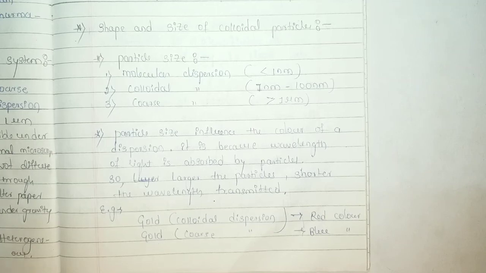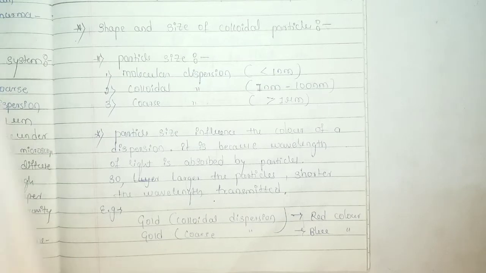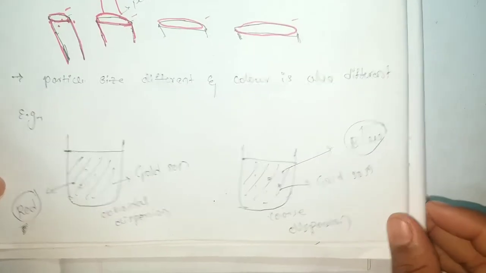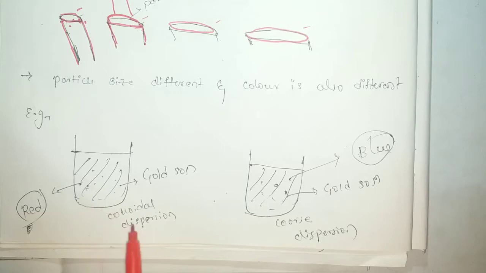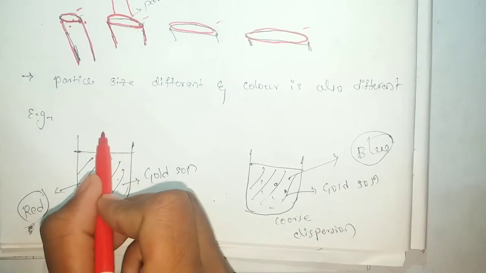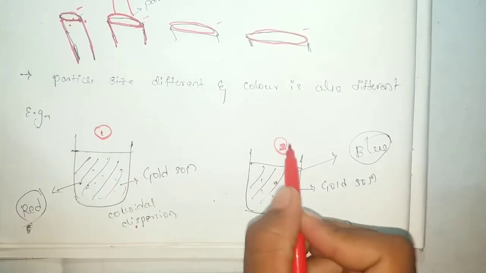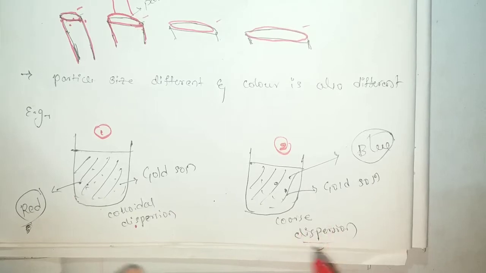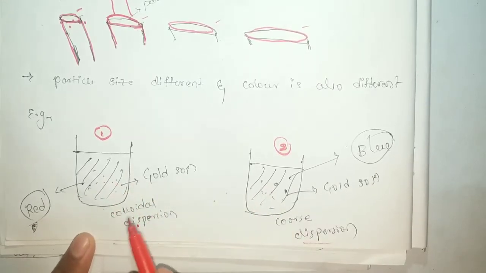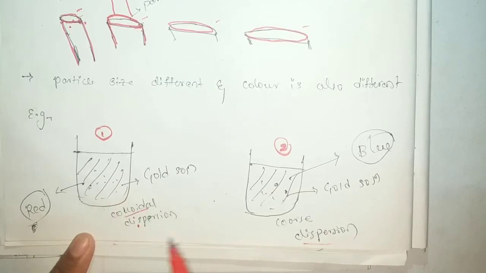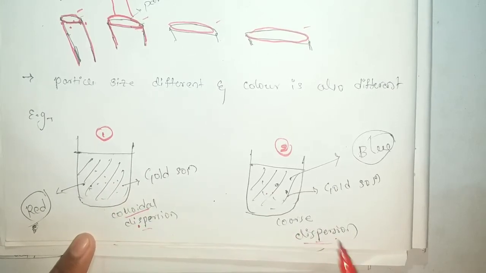Let us see how, depending upon the particle size, the color of the solution changes. Here we take two solutions, one is a colloidal dispersion and the second is a coarse dispersion.